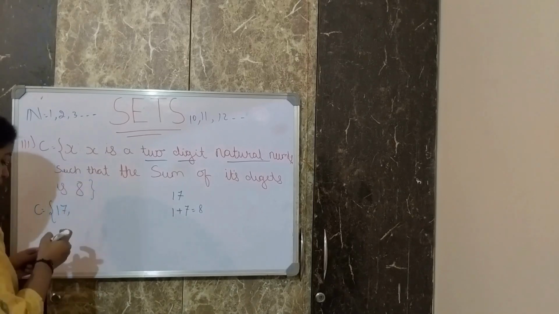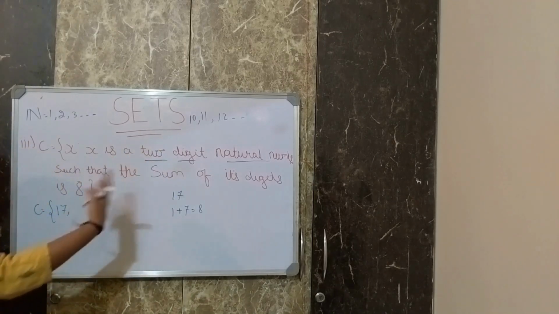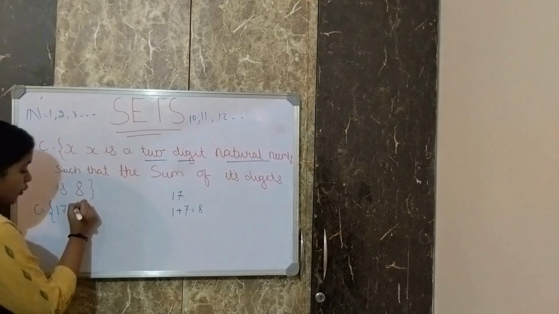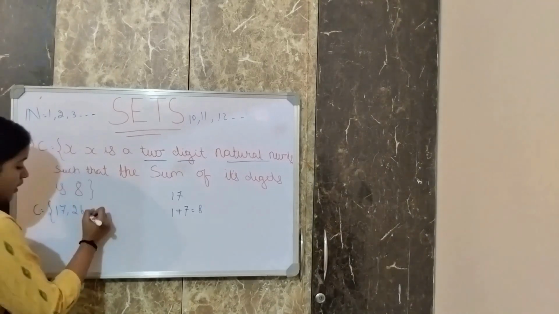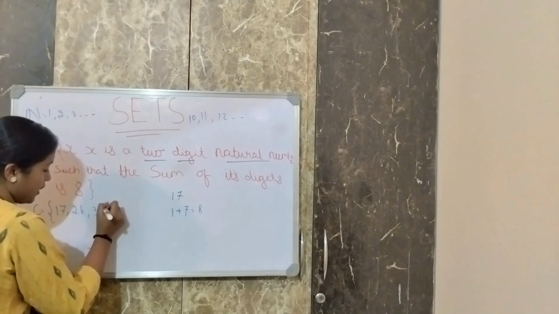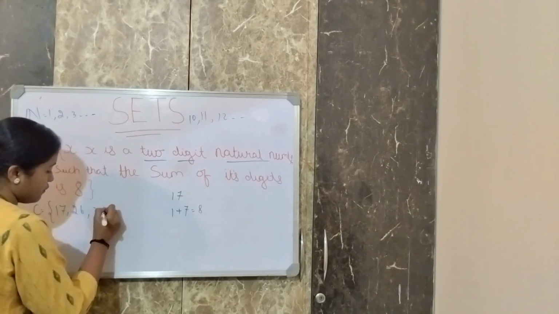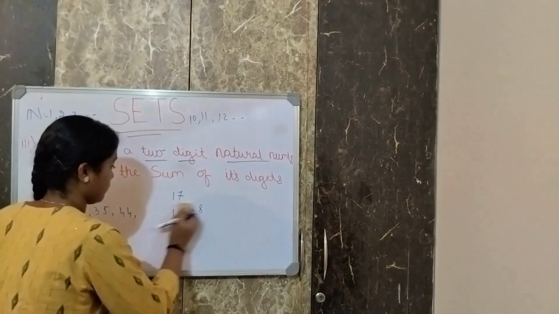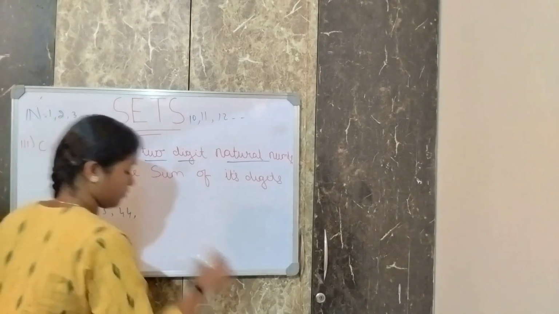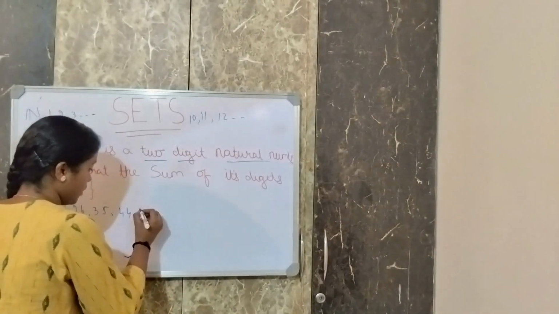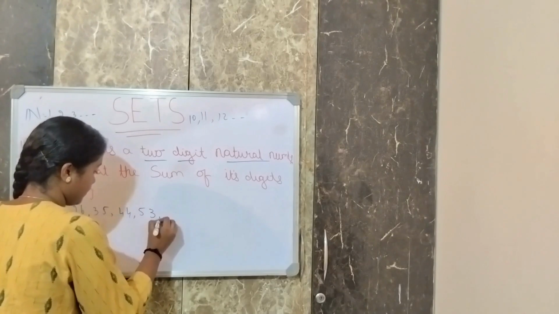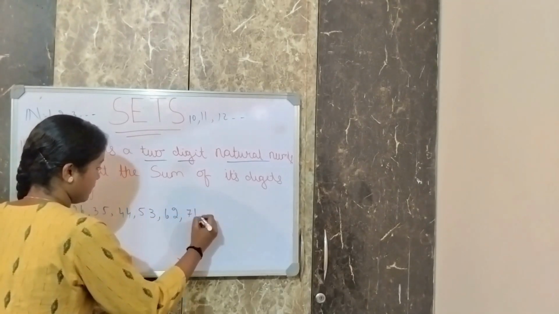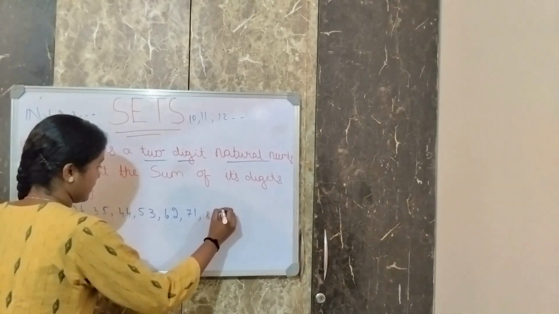If you observe which are the numbers whose digit sum is 8, we get 26, 35, 44, 53, 62, 71 and 80.